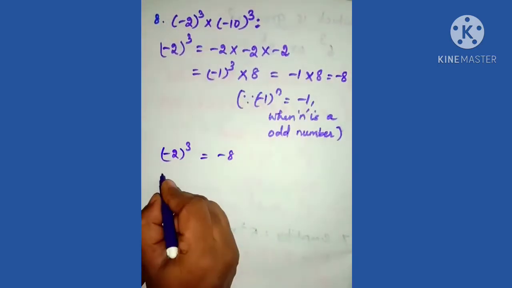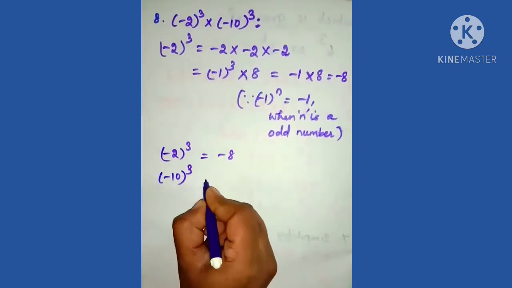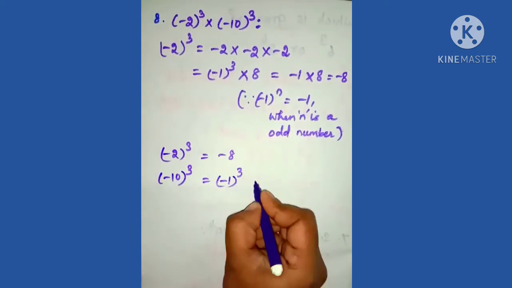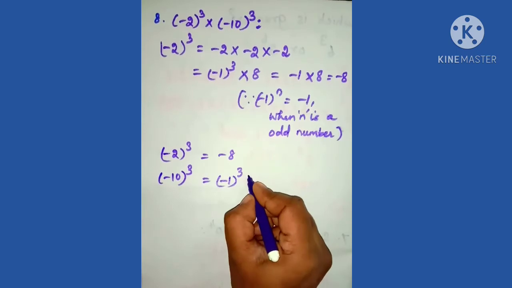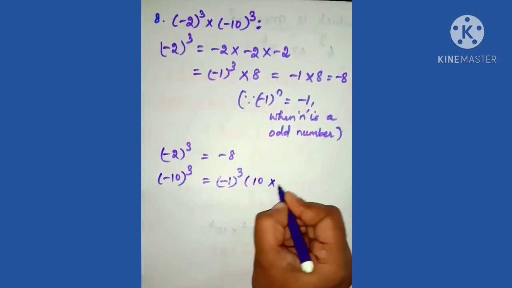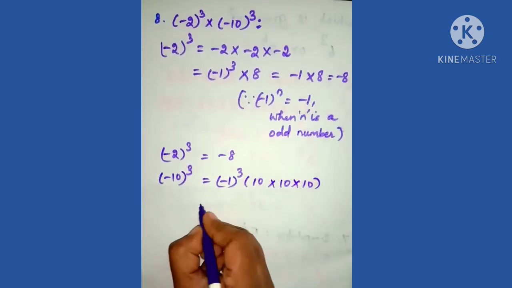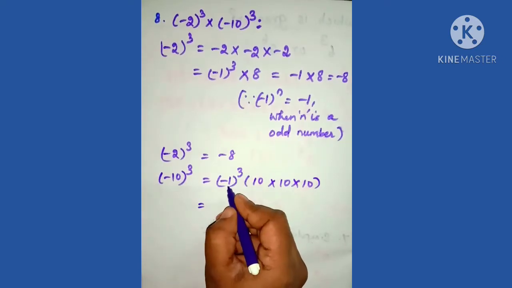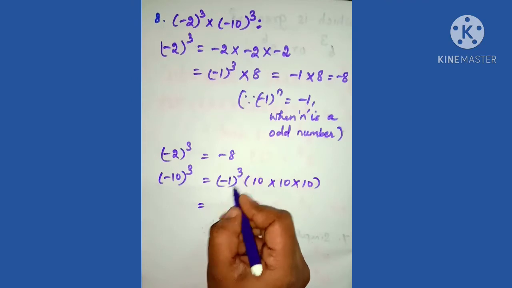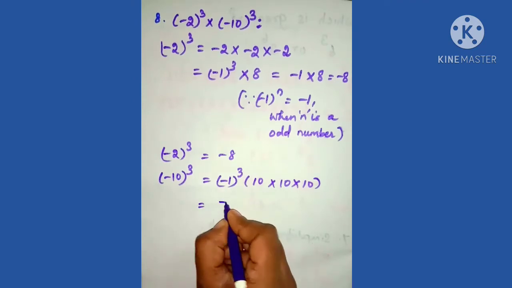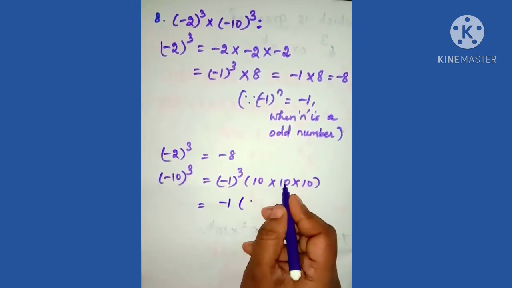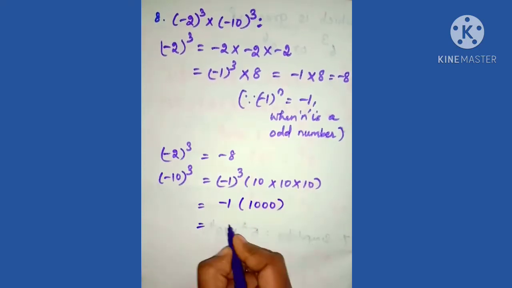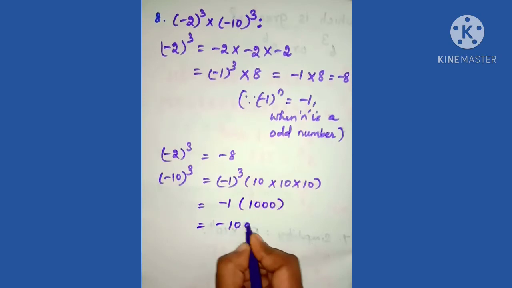So now let us find minus 10 to the power 3. So here again minus 1 to the power 3 we can write. So the number 10 is multiplied by itself 3 times. So here we know the value of minus 1 to the power 3 is minus 1. And here 10 into 10, 100. 100 into 10 is 1000. So the value is minus 1000.